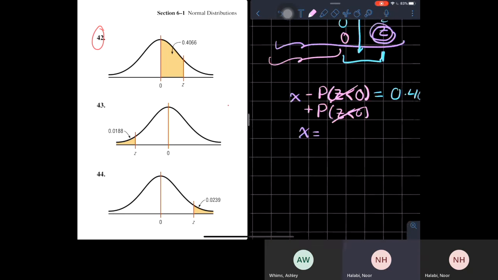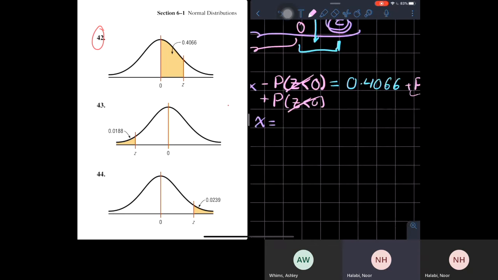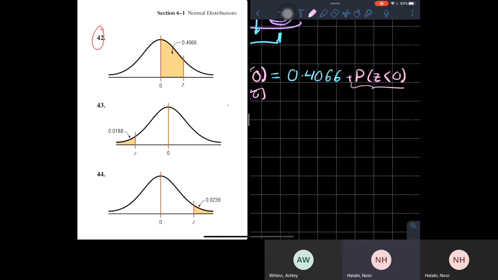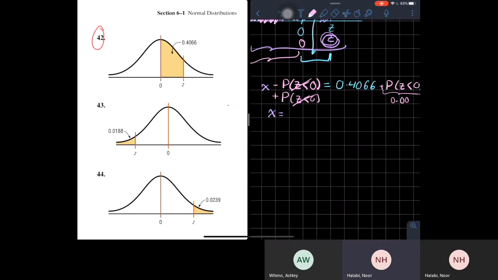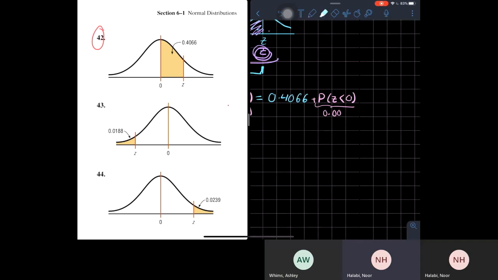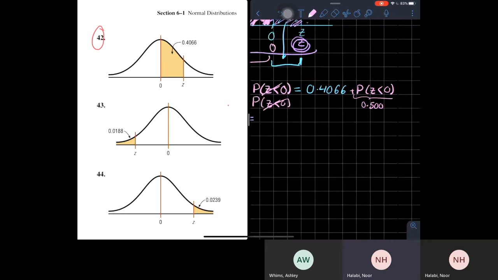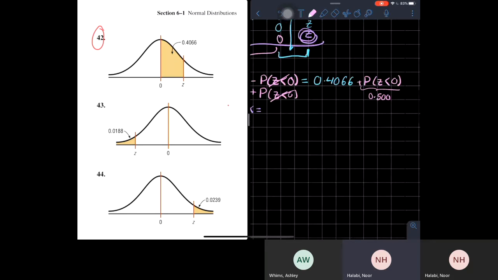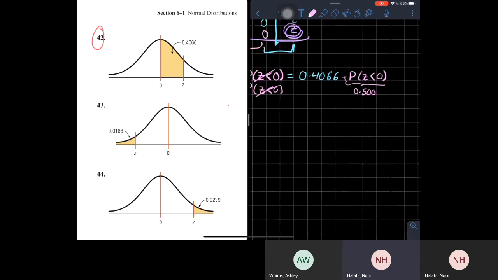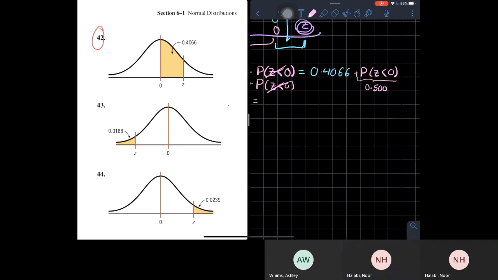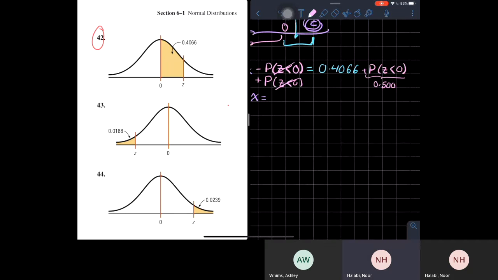Sorry, what am I doing? Why did I do 0.00? I mean, 0.50. So my area here is 0.5, which makes sense because if you are on the mean, the probability of you being less than or greater than that mean is just 50%. Give me a second.